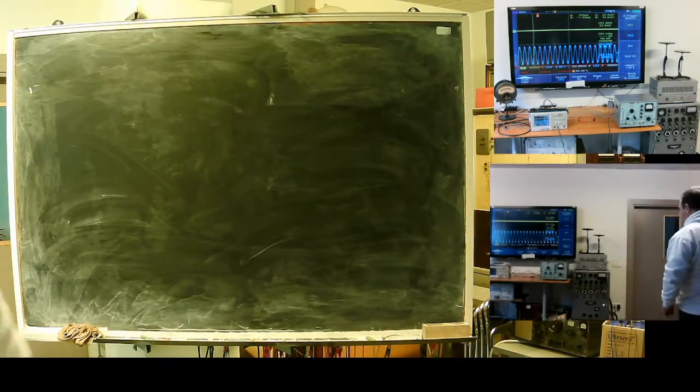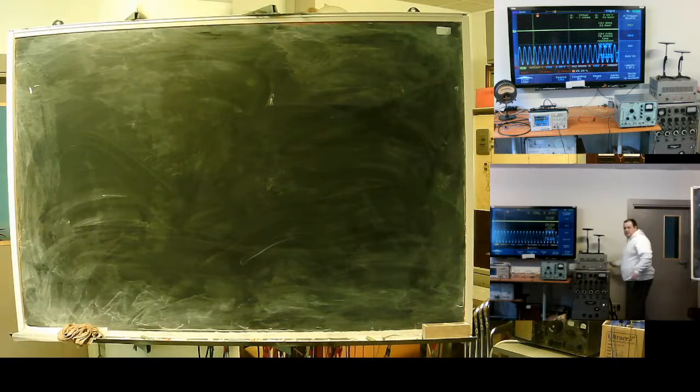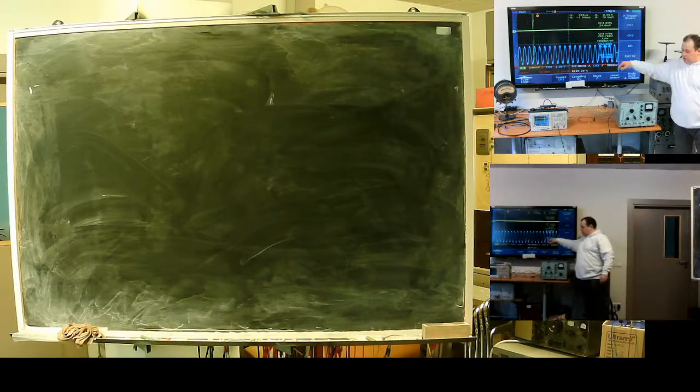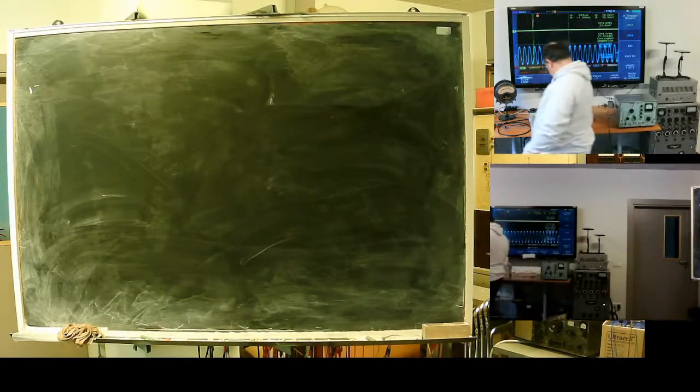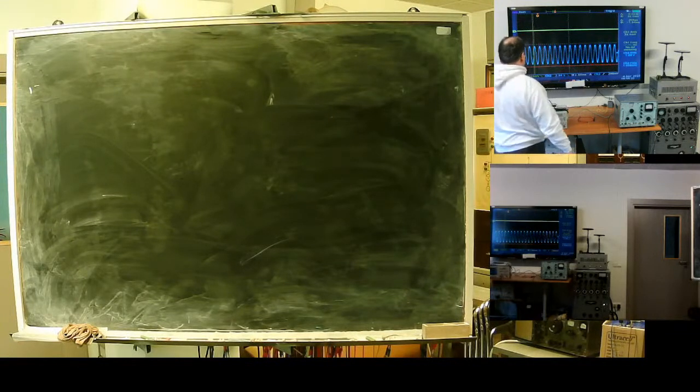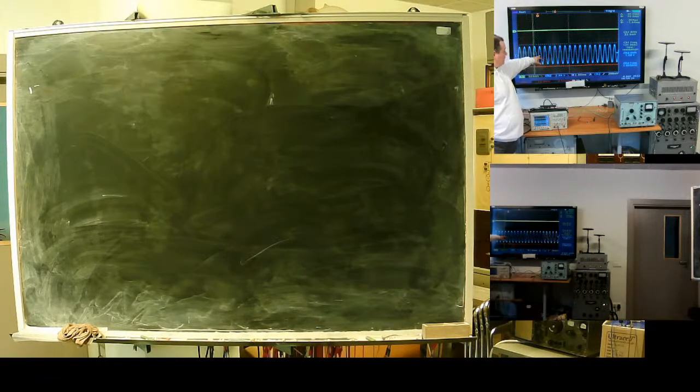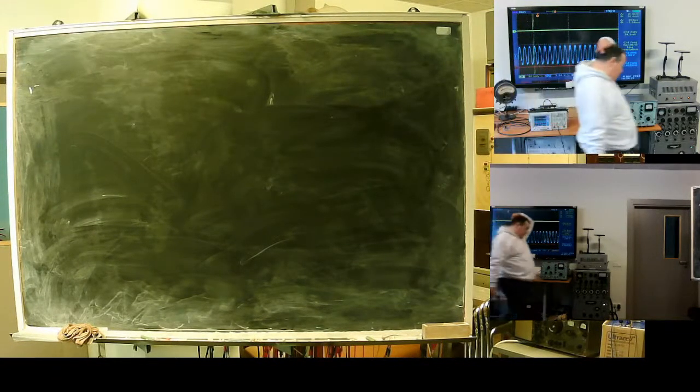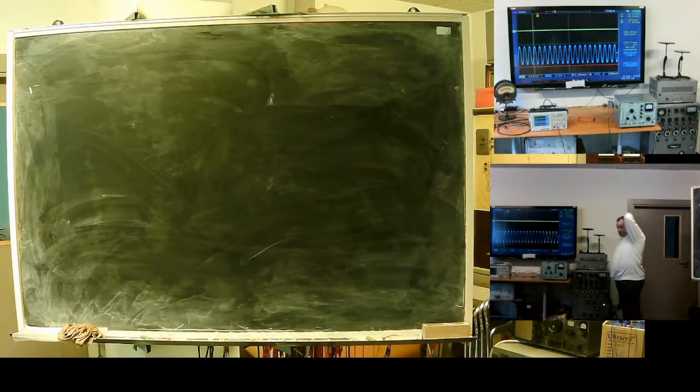Yeah, what I got here. This generator produces a sine at a frequency of 1 kilohertz. I put it on the screen. Here it is, the signal from the generator. Pure sine.